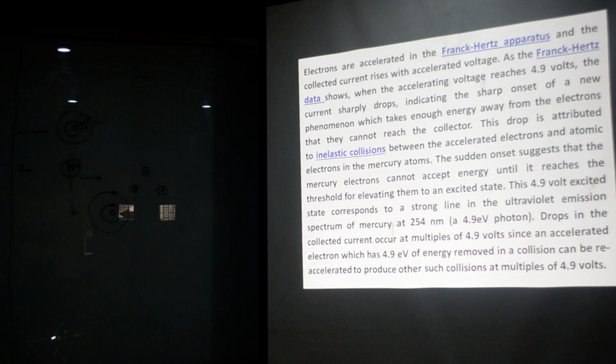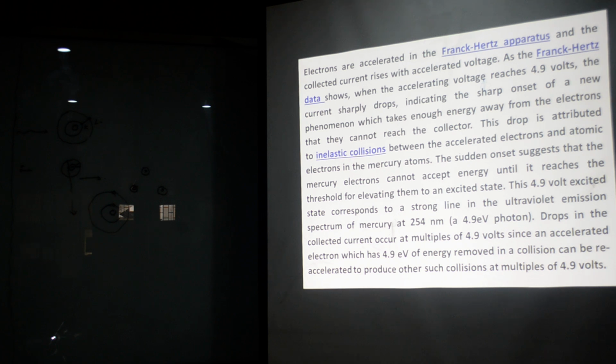Electrons are accelerated in the Franck-Hertz apparatus, and the collecting current rises with accelerating voltage. It means more and more electrons will reach the grid.